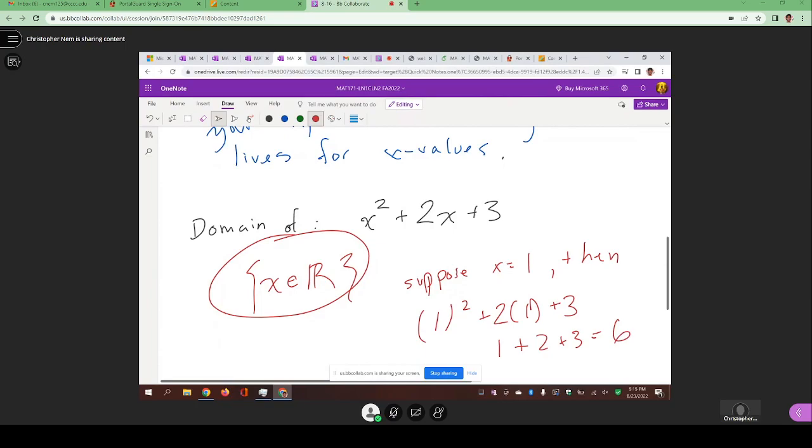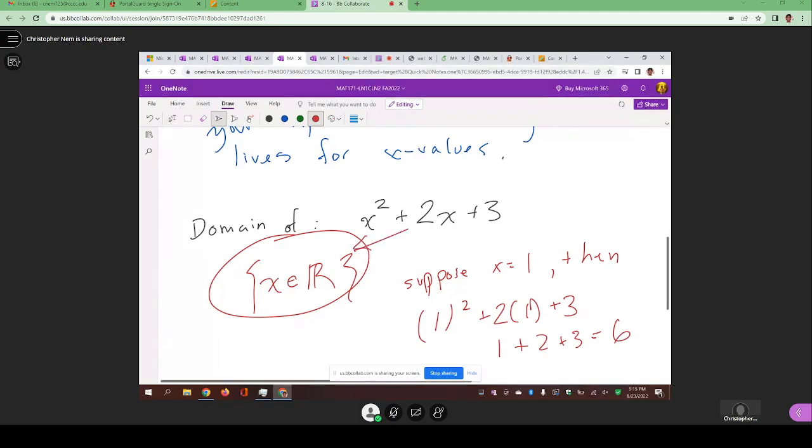The problem is, what happens if I plug in a number and I don't get a real number? Instead, I get an error, or I get a complex number. It's the idea of, hey, if you put this in your calculator, it'll mess up your calculator. So generally speaking, the functions and expressions we have been working with are going to be all real numbers.